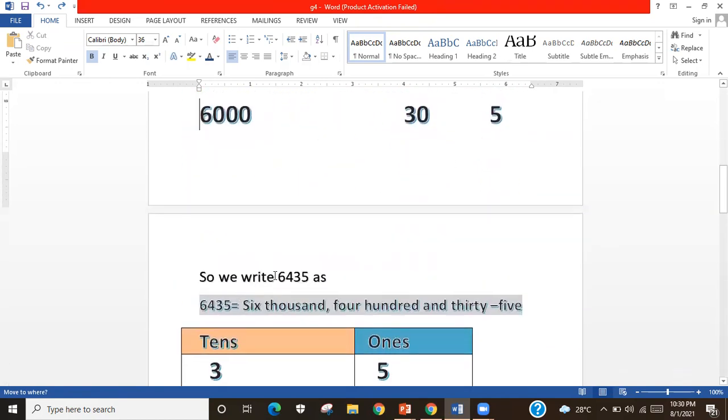You will write in numerals 6,435. And how will you write 6,435 in words? You will write 6,435 in words.